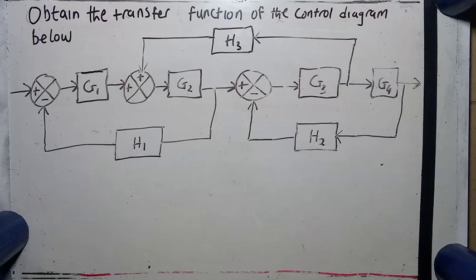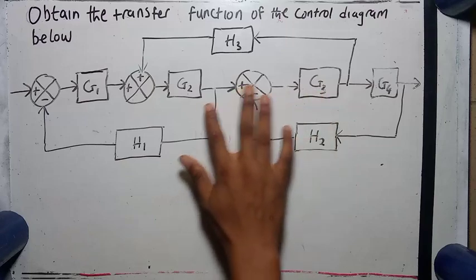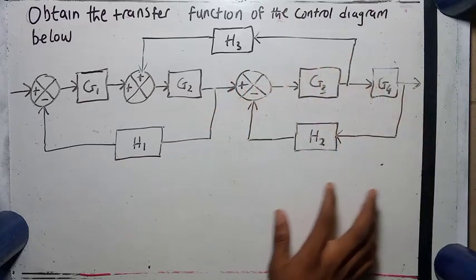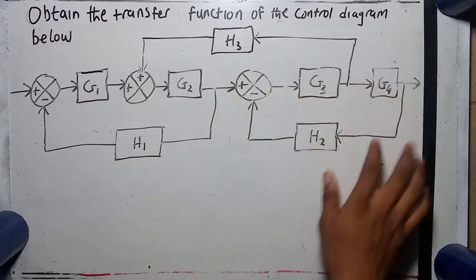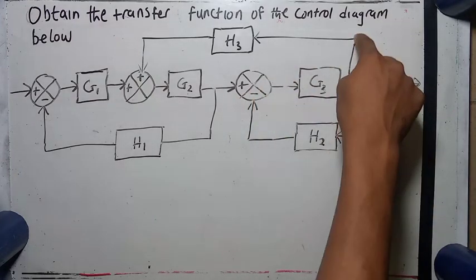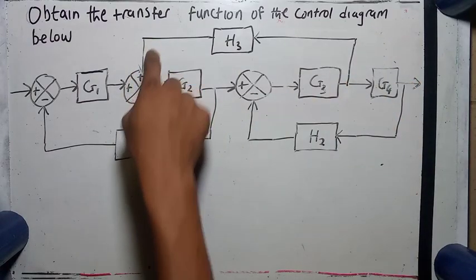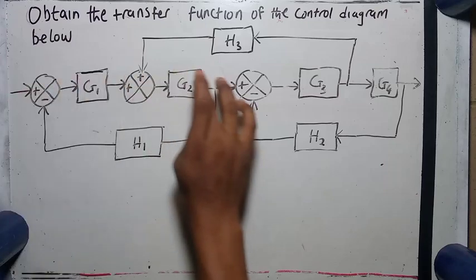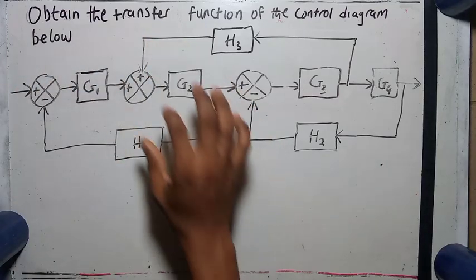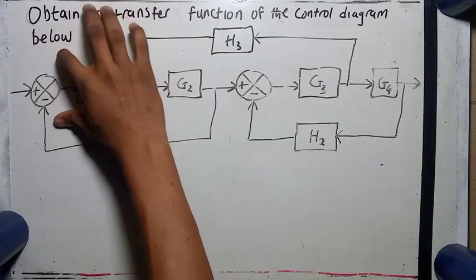Another thing is that this block here is interrupting this closed feedback loop. It won't allow it to be easily simplified, so we have to do something about this particular part. Even this one comes in between this closed loop. Our aim is to shift this one over to this point.